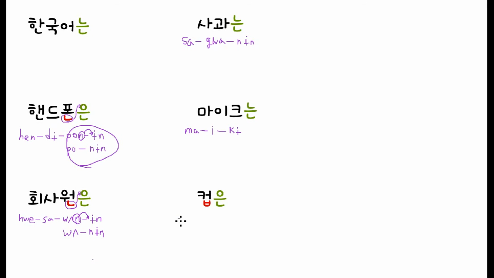I'll write the pronunciation: cup. And it's like this, but since the last consonant is followed by a character with the round shape, this one should come up here, right?